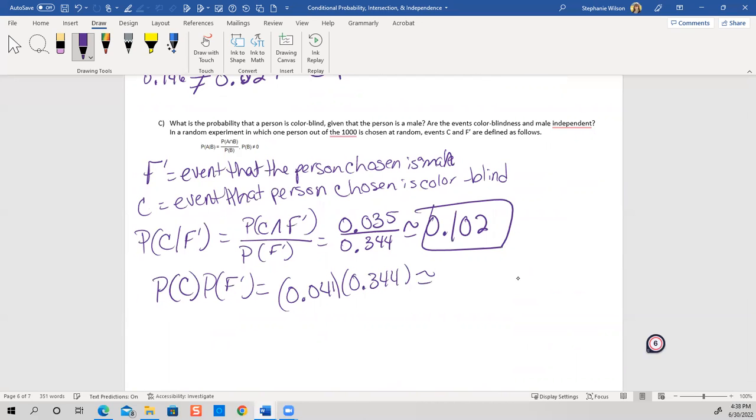So let's multiply those two. 0.041 times 0.344, we get 0.014, approximately. And this is dependent because these two are not equal. So it's not an independent case, it's dependent.